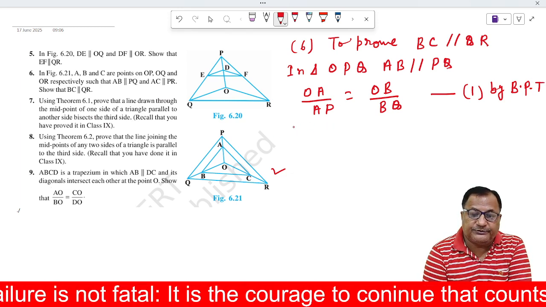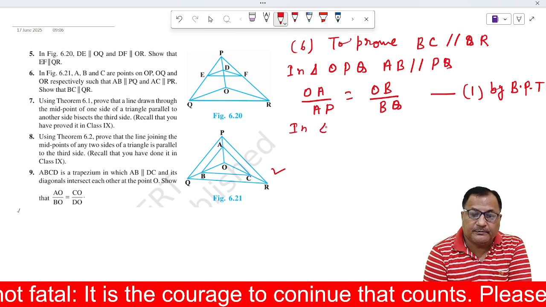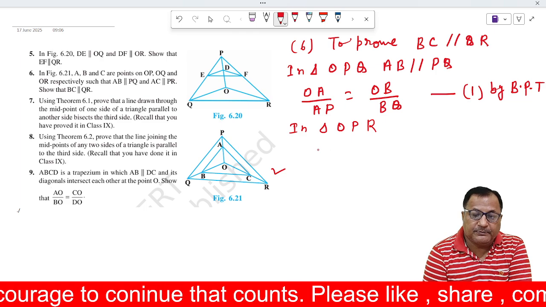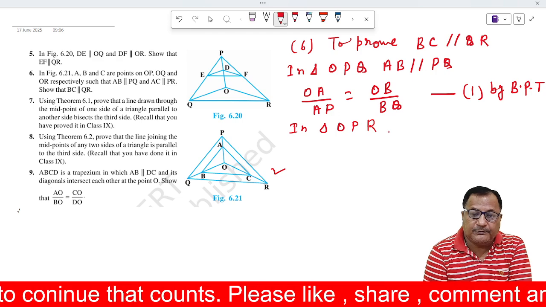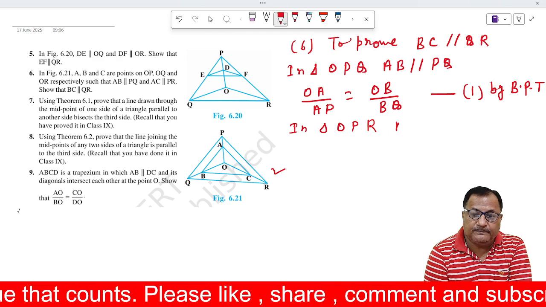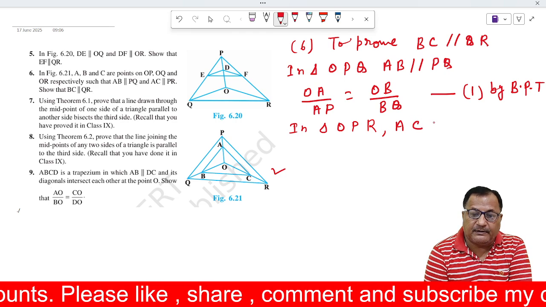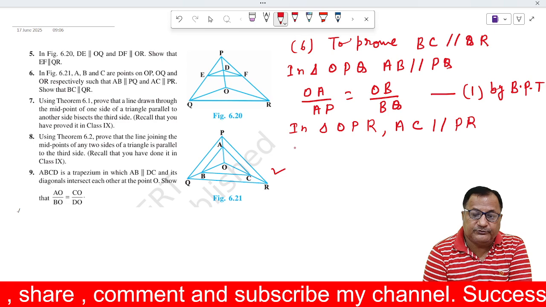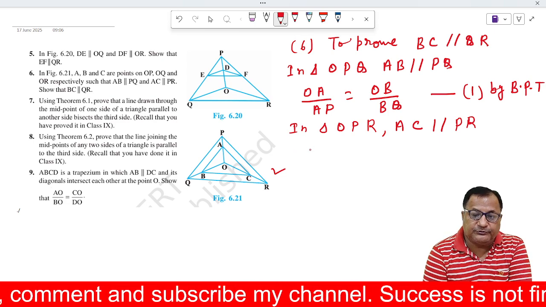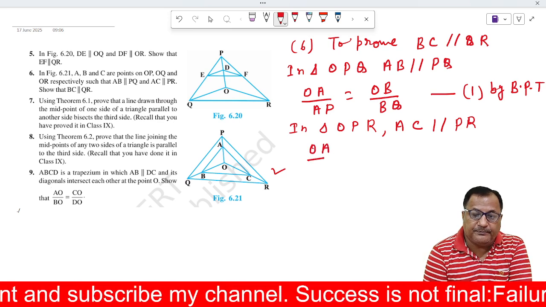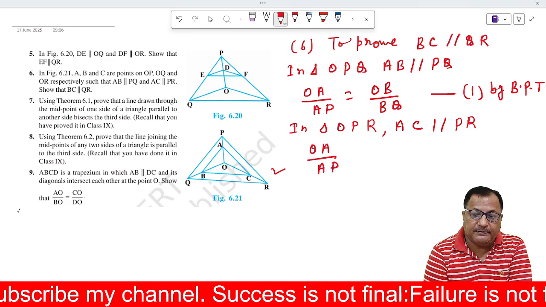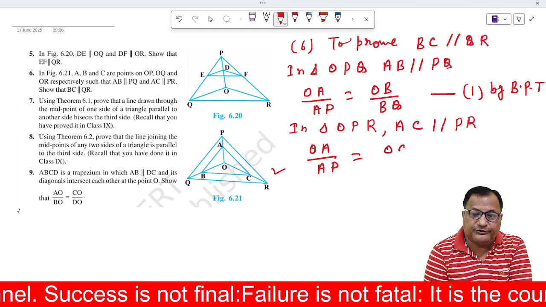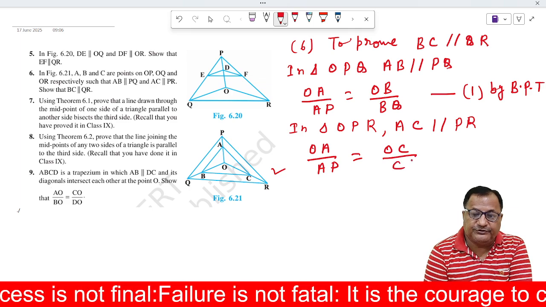Now in triangle OPR, AC parallel PR. So here also OA by AP is equal to OC by CR.